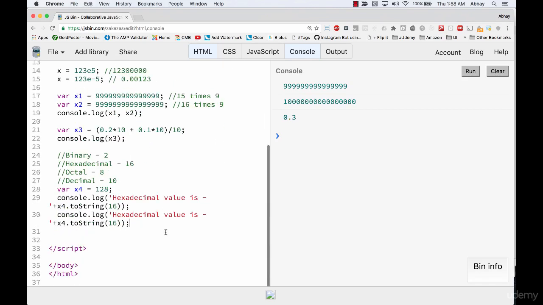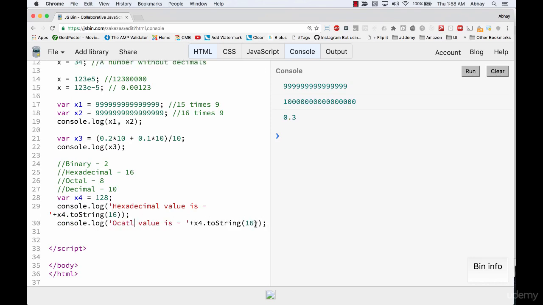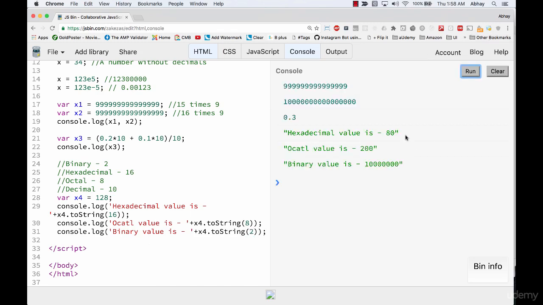Let's also give octal, which is 8. Let's output this. Let's also do binary, which is 2, and let's see what we get. So the hexadecimal value of 128 is 80, the octal value is 200, and the binary value is this.